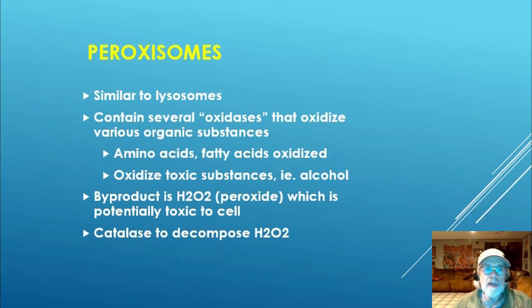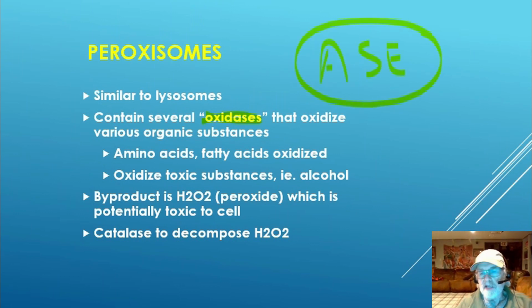Okay. Peroxisomes. Peroxisomes are really similar to lysosomes, but they contain what are called oxidases. If you see something that ends in ASE, it usually means that it's an enzyme. Not all words that end in ASE are enzymes, but usually it means it's an enzyme, okay?